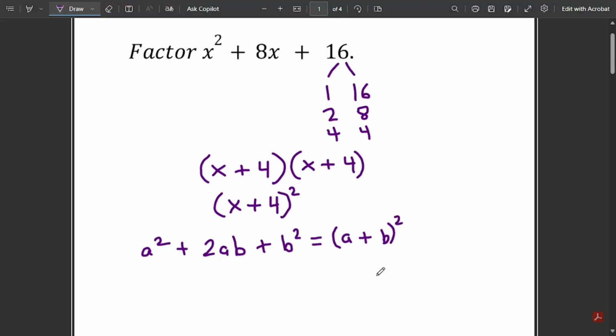So if we recognize that this is a perfect square trinomial, and you'll get used to recognizing this when you do this more, we can quickly plug into the formula and factor very fast.